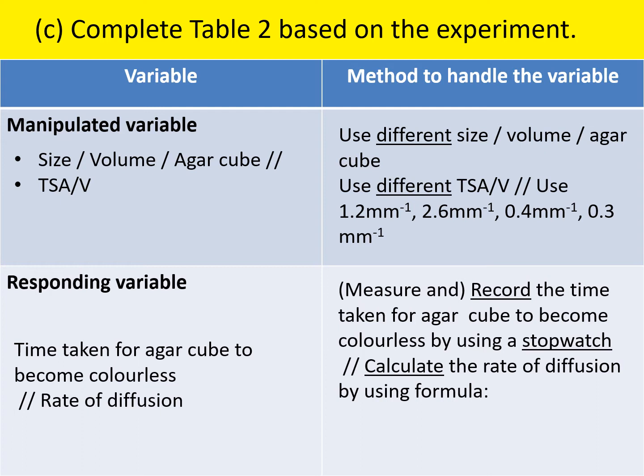For this experiment, you just record the time taken for agar cube to become colorless by using stopwatch. If the question needs to measure using ruler, you must write measure and record. If the experiment is for photosynthesis, for example, you use hydrilla species, you need to count and record the air bubbles released by using stopwatch.